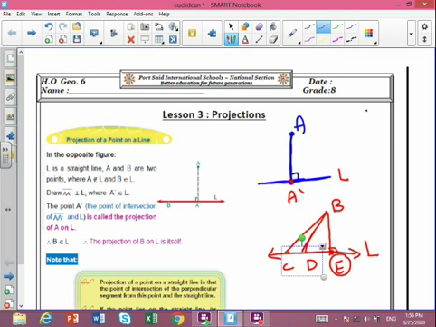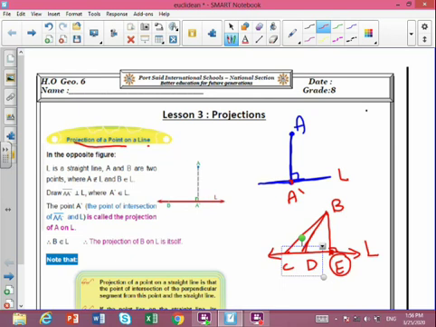Okay, so the projection of a point on a line: if L is a straight line and A and B are two points, where A does not belong to L but B belongs to L, the projection will be A dash.